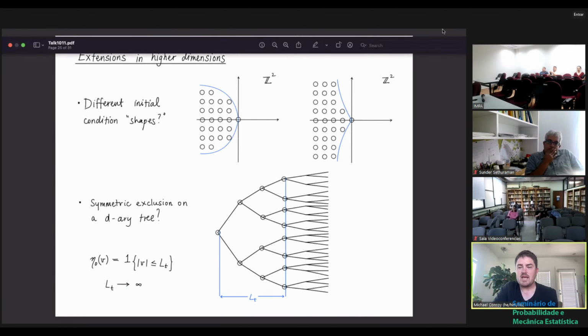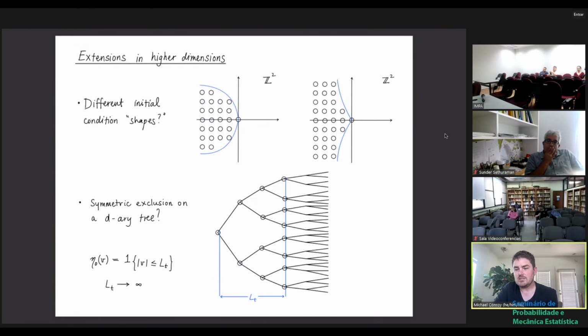So some extensions of this in higher dimensions that we are considering now is we can consider different shapes in higher dimensions.